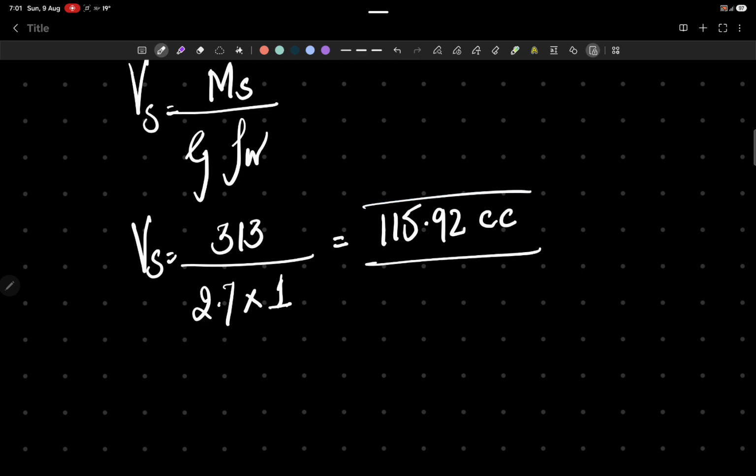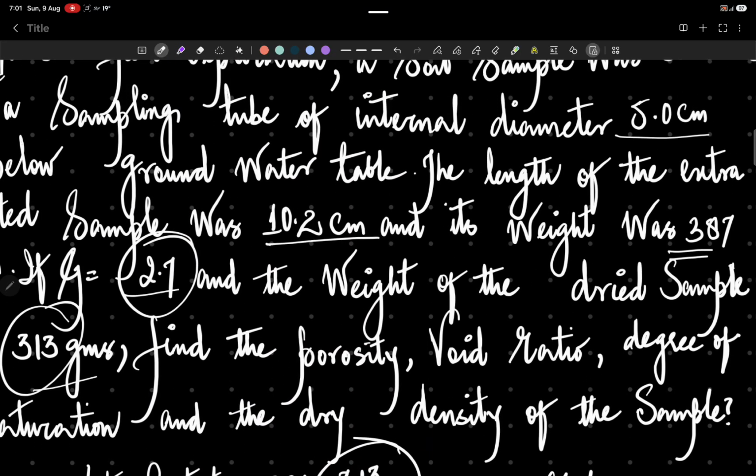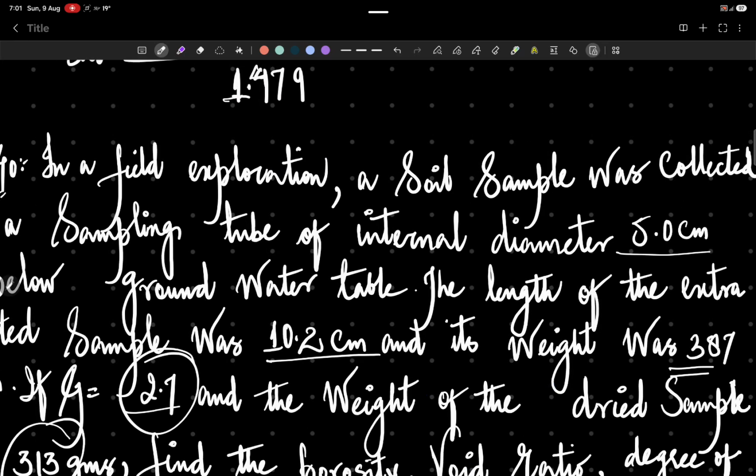After that, we'll find the total volume. Total volume of soil sample, how can we find that? We know that during the field exploration, the soil sample was collected in a sampling tube having a diameter of this much and the length of the collected sample was this much. So we can easily find the volume of the collected sample.